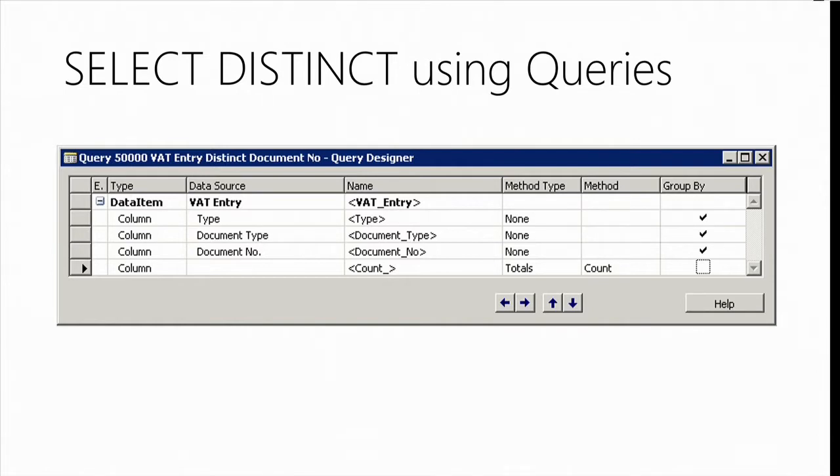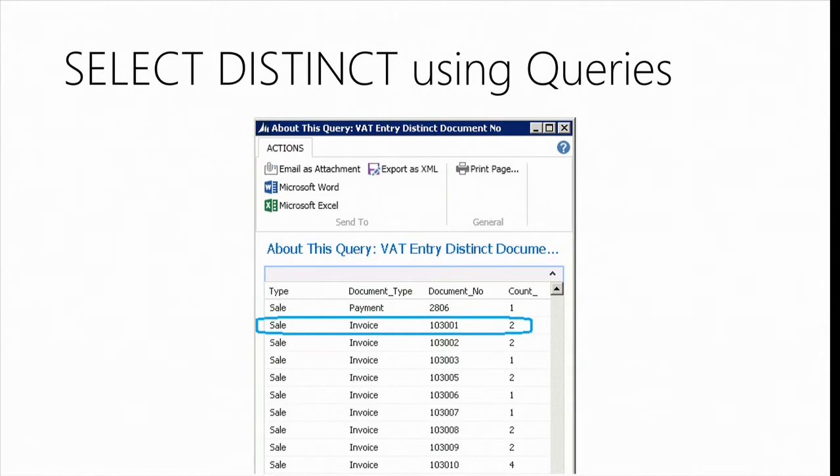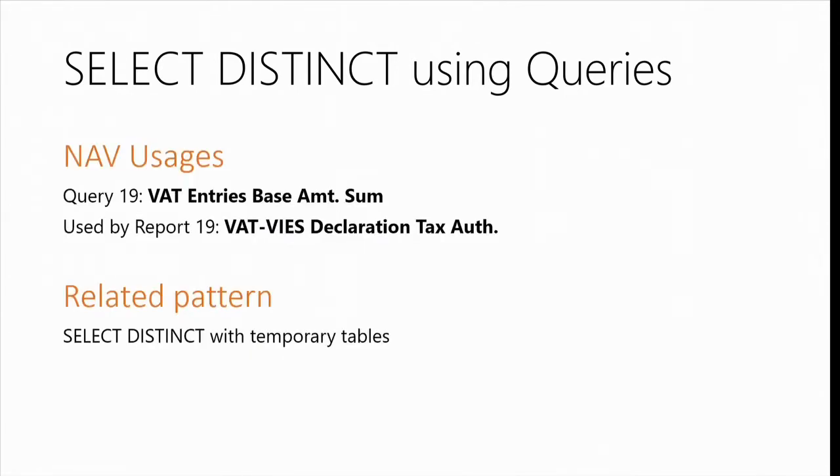One of the issues was around the VAT report, where when people wanted to import the Intrastat or the VAT, we fetch all the VAT entries and send them to the report layer and let the report layer do the magic. It went very well on Classic Stack, but unfortunately on RDLC, it could crash. So that's why we also implemented that pattern here in report 19 using that query there.